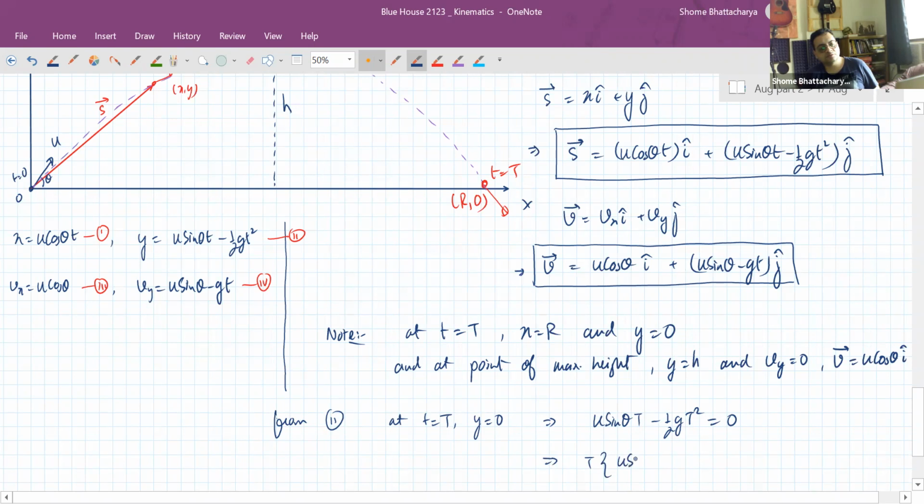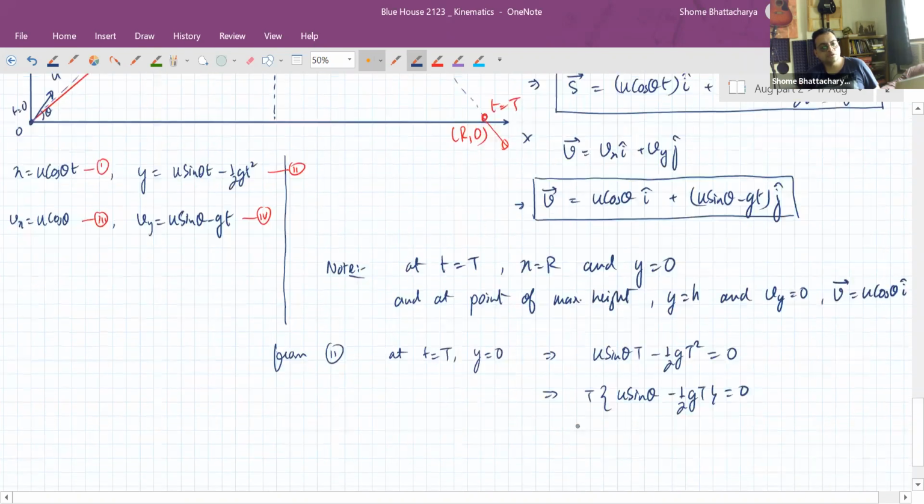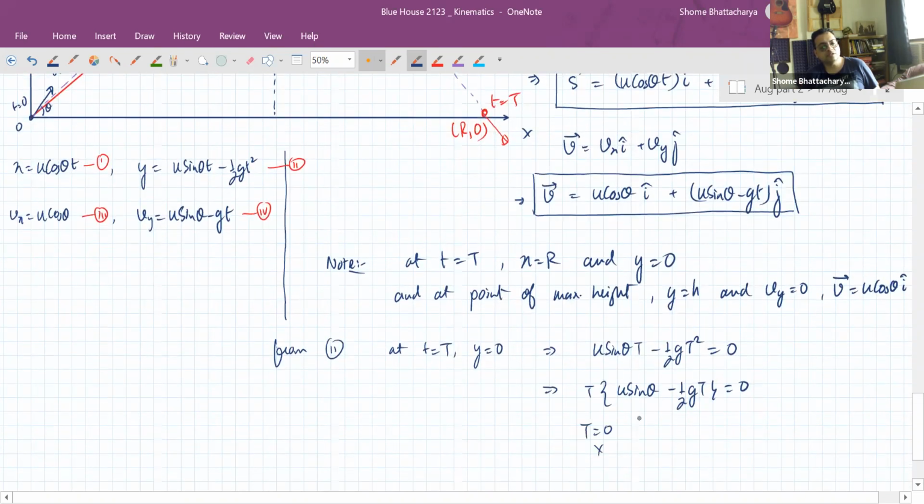We factorize this, and that gives us two possible solutions. T equal to 0, which we won't take because that's the initial time. And the second root of this equation is u sine theta divided by half g, or 2u sine theta divided by g. So this becomes the formula for the time of flight.